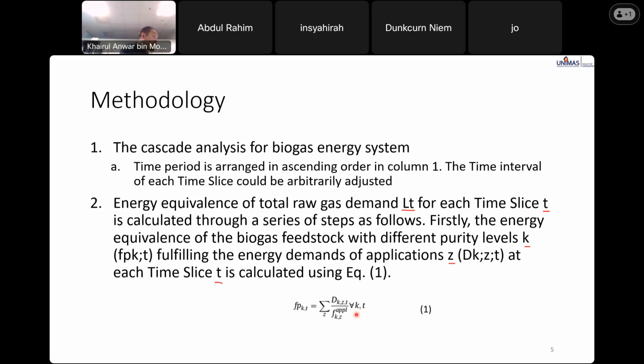So F denominator is the conversion factor accounting for energy loss during application. D here refers to the energy demand of the application requiring purity level.